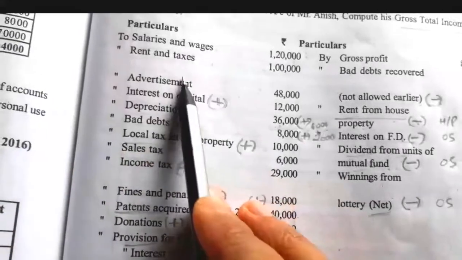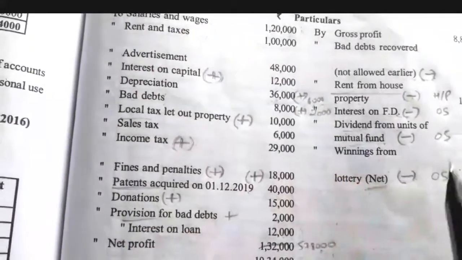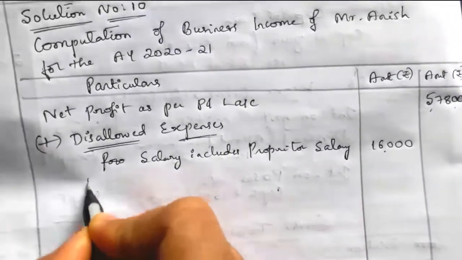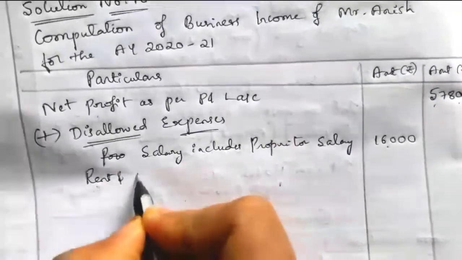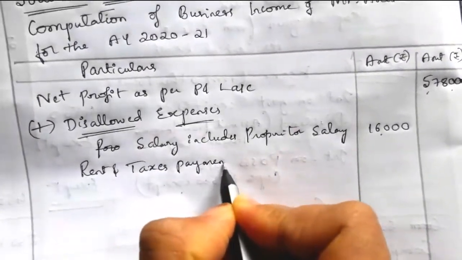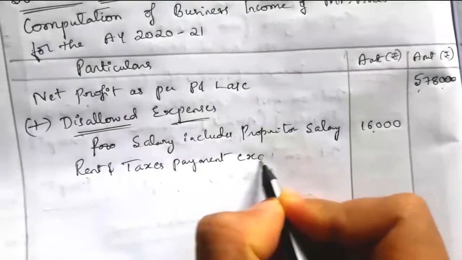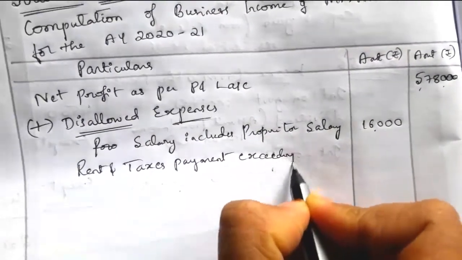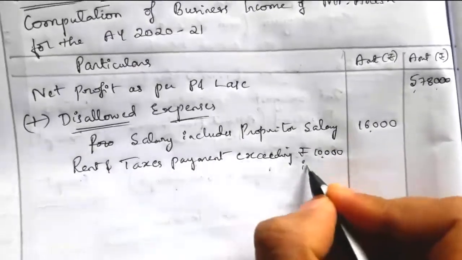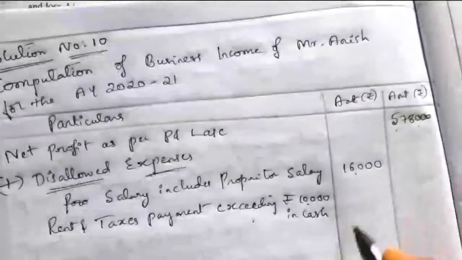Next one is rent and taxes, rupees 1 lakh. Here rent and taxes include 30,000 paid in cash, so that is disallowed. Payment exceeding rupees 10,000 in cash, so the entire amount is disallowed, so the value is 30,000.